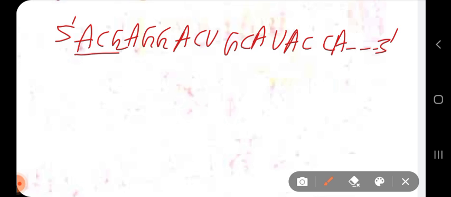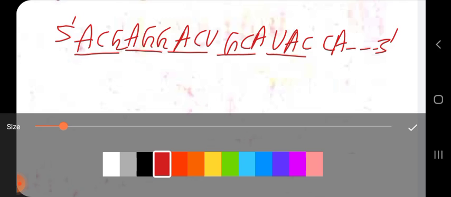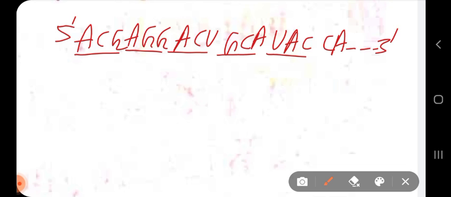Now each codon codes for a particular amino acid, right? ACG codes for the amino acid threonine, AGG codes for arginine, ACU again codes for threonine.